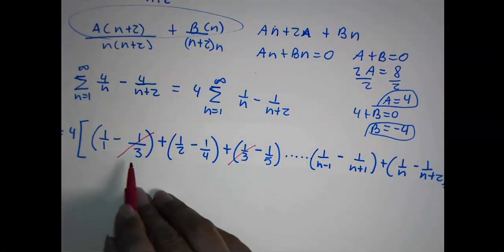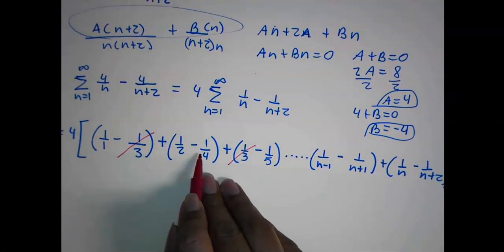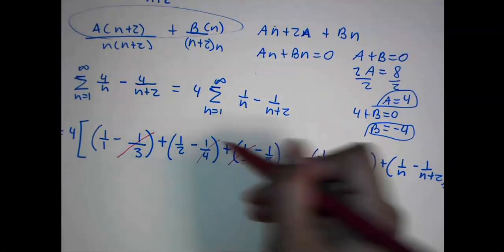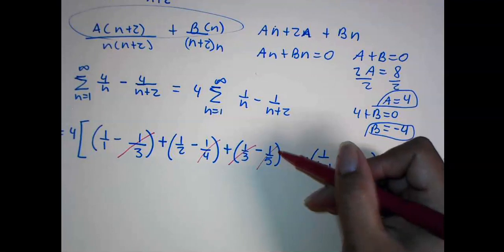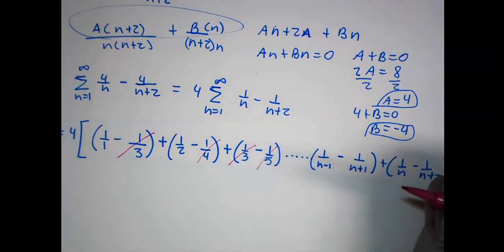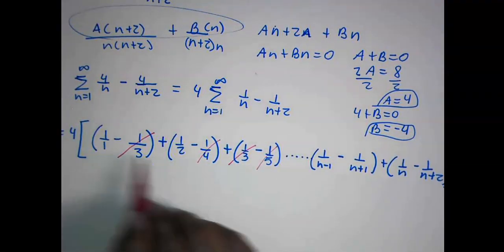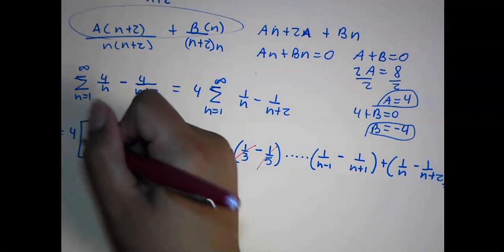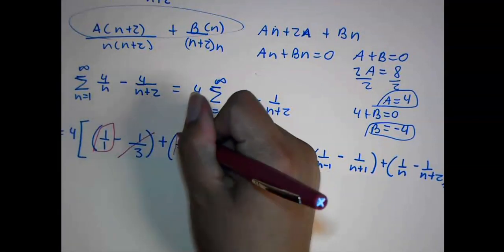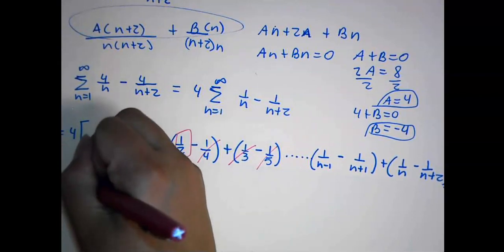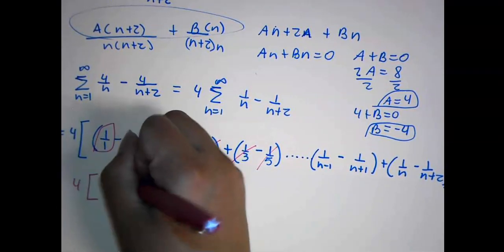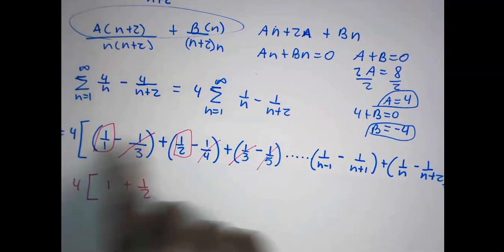This one right here is going to cancel with another one over here. This one's going to cancel with another one over here. The only ones that are not canceling are the first ones right here, the 1 and the 1/2. So I have the 4, the 1, and the 1/2.